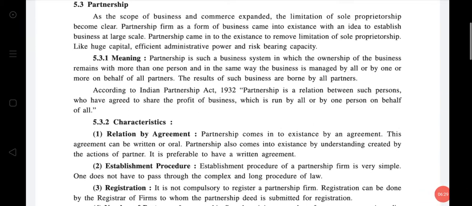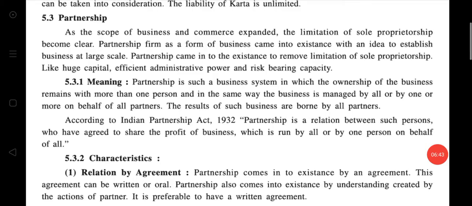Your time starts now. Then I'll start today's new topic, limitations of partnership. Okay, so start the reading. Try to avoid the external voice and concentrate on the video. Don't lose your concentration, students.